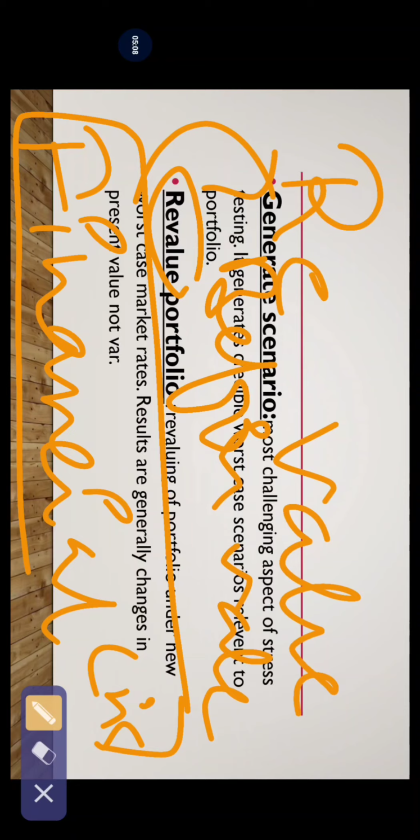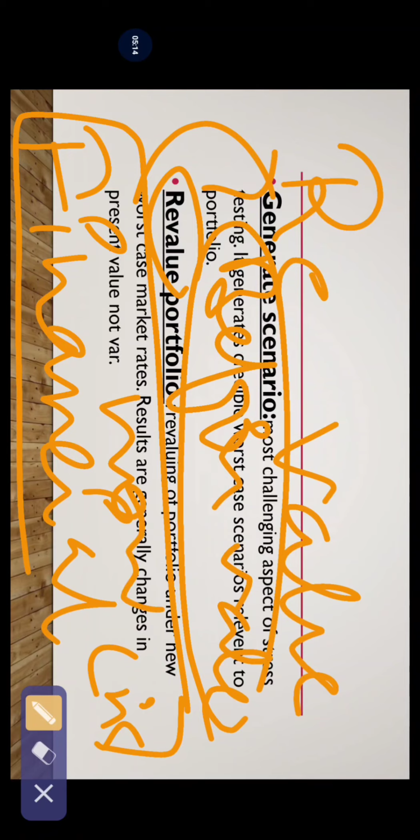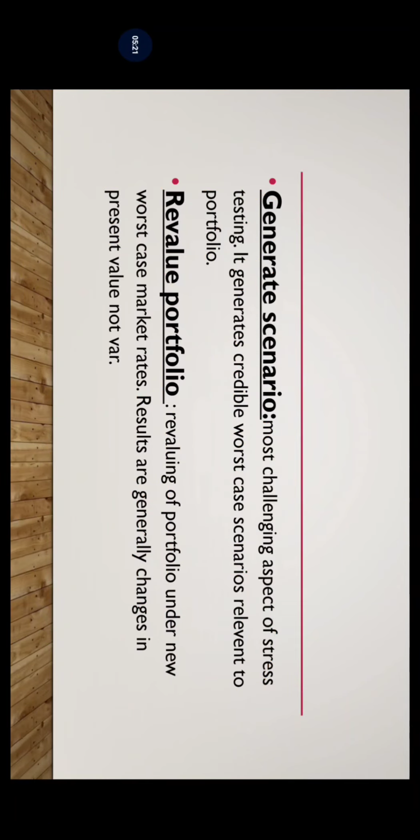What was the value of our portfolio before the financial crisis, and what is the value of our portfolio now, during the financial crisis? So we are again valuing our portfolio in relation to the financial crisis. So revaluing the portfolio under the new worst cases.